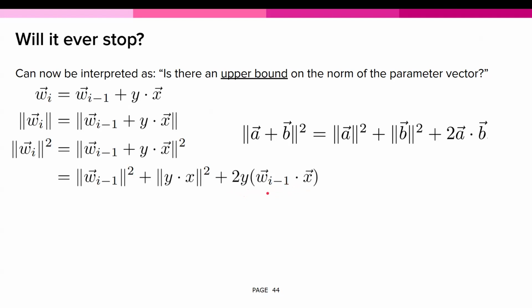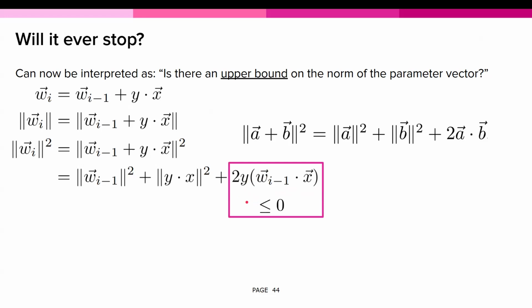But because we know the algorithm is updating, we know we've made a mistake. That is that the previous weight vector would have misclassified the point. There would have been a mismatch between the predicted and the true label. Their signs would be opposite from each other and therefore negative, less than or equal to 0.